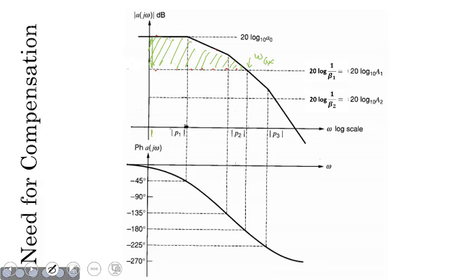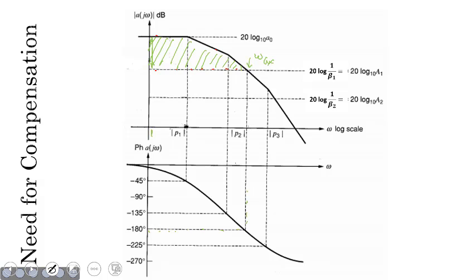In this case we have a beta factor equal to beta 1, and when we read the phase value at omega equals omega gx, we find that the phase gives us a value equal to minus 180 degrees. As we know, under this condition the closed loop system will eventually get into an unstable condition, right?